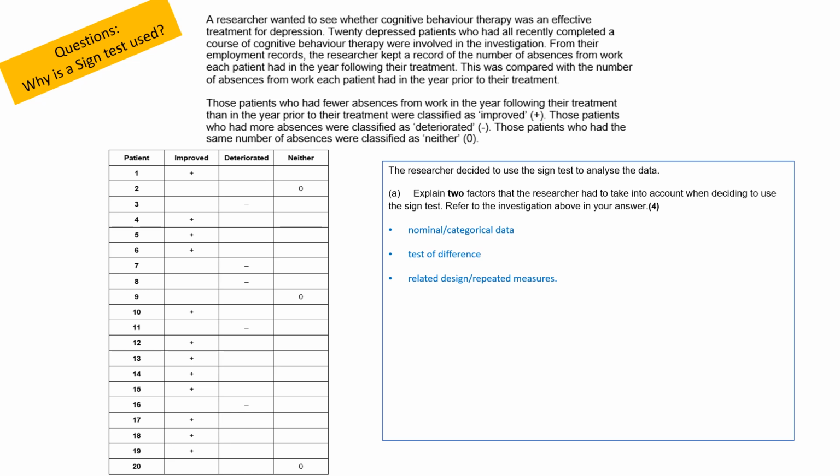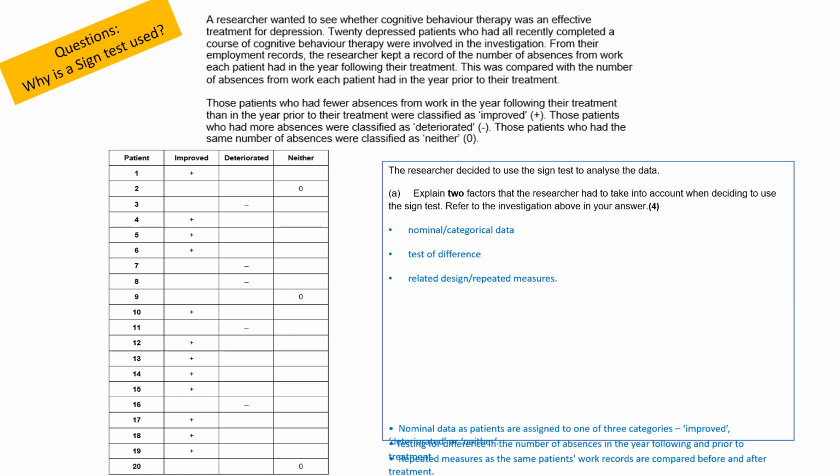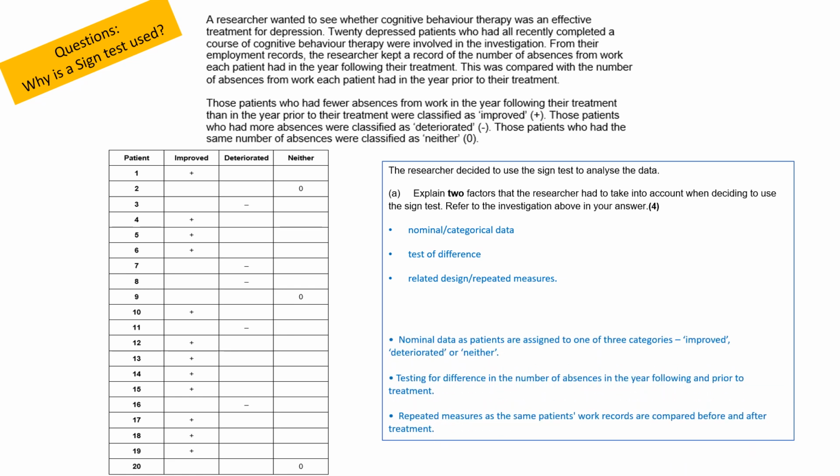So here we have the fact that we're using nominal or categorical data, the fact that we're testing for a difference, and we're using repeated measures. Any 2 of those factors would have been accepted. Then we'd need to explain the 2 factors that you've discussed. So if you've picked nominal or categorical data, patients are assigned to 3 categories: improved, deteriorated, and neither.